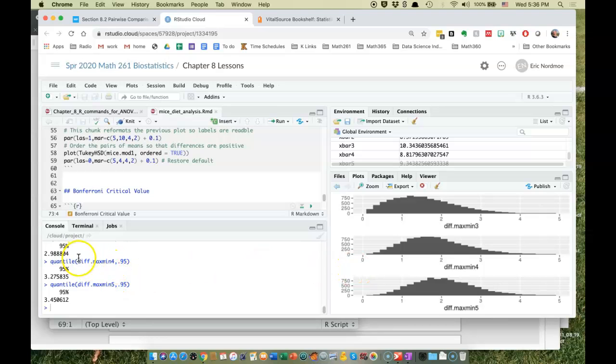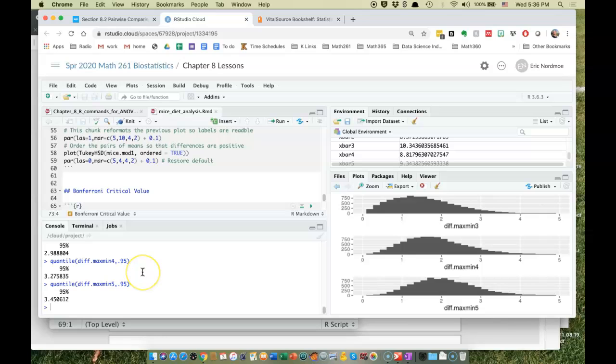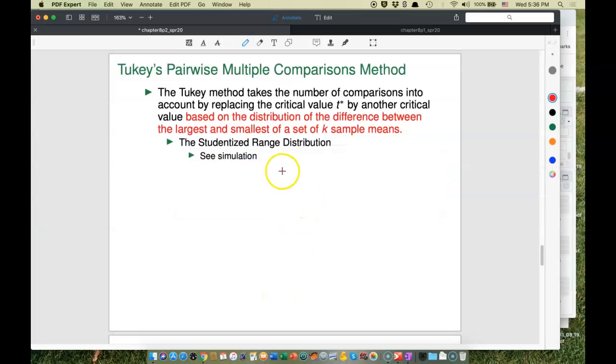And what I've printed here are kind of the 95th percentiles for each of these, and they really just say what this picture is showing us, that large values for the difference are much more likely when we're comparing a lot of groups, like 5, rather than just 3 groups. Again, this is implicitly comparing all the combinations within. So when we're comparing 5 groups, we're sort of thinking about there being 10 underlying comparisons that could have been large.